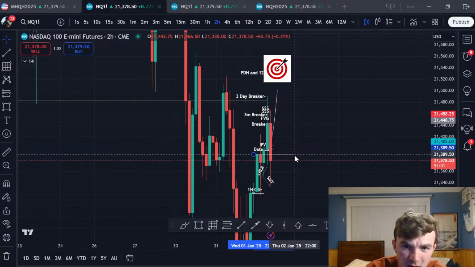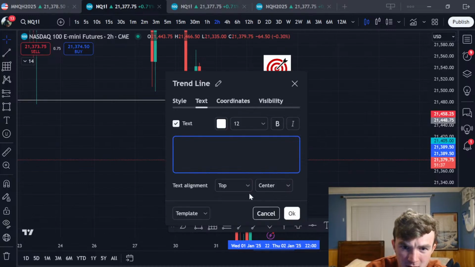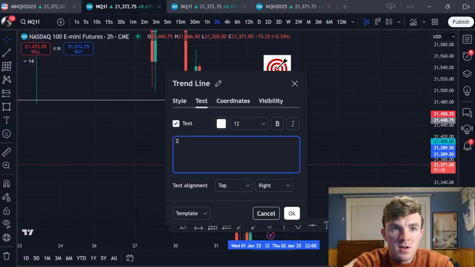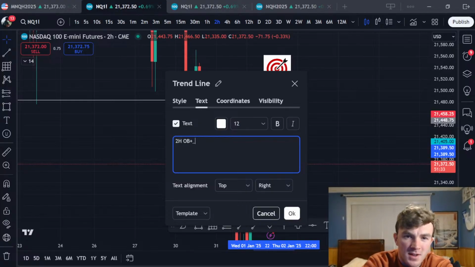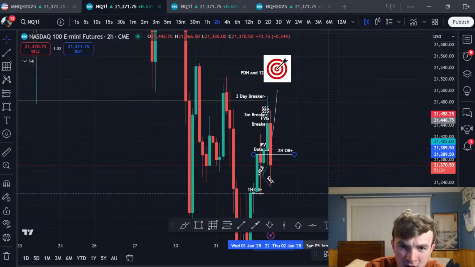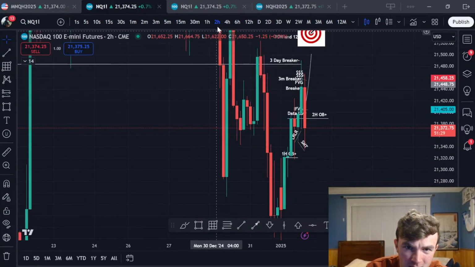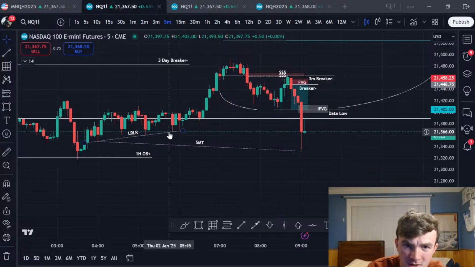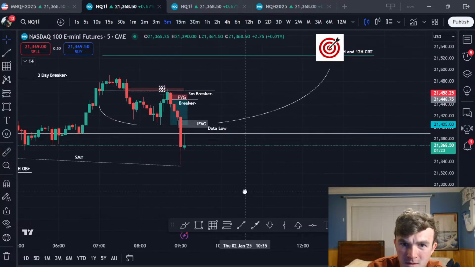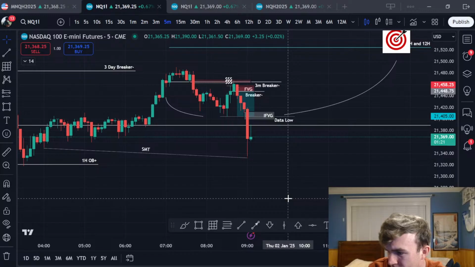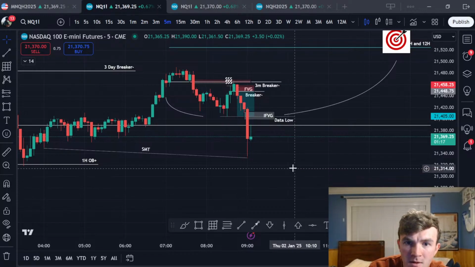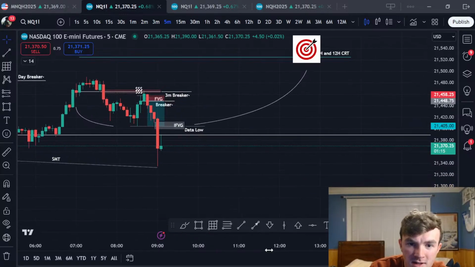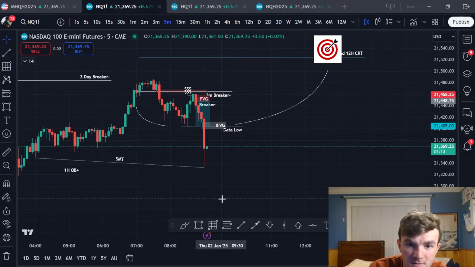Yeah, we'd probably need to hold this 2-hour order block. This is what we're looking at. All right, now we're starting to get an idea of what would need to happen if this became a London reversal, New York continuation day. This needs to hold. Recommend not taking any trades until 9:30.